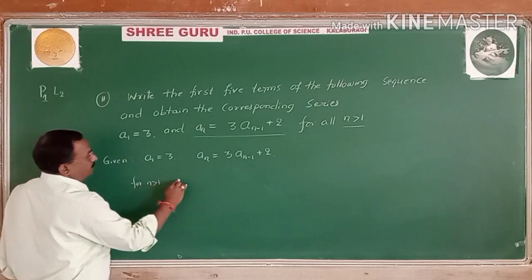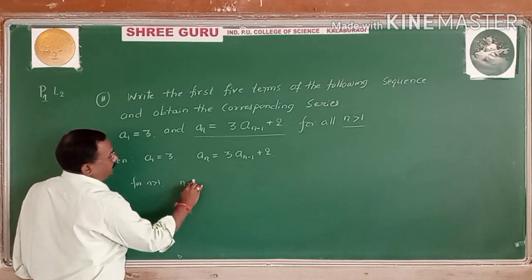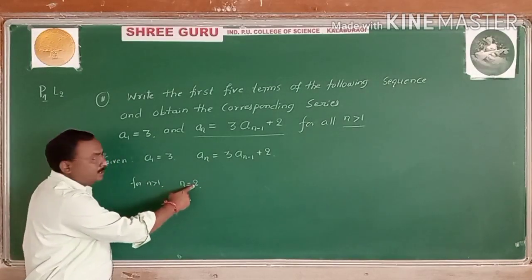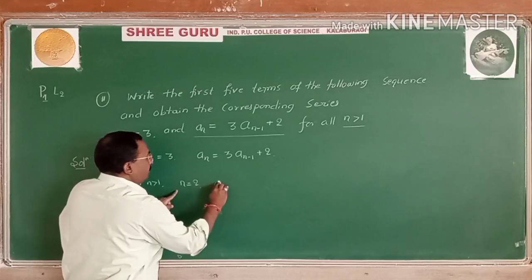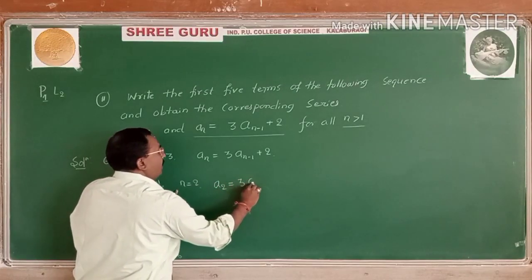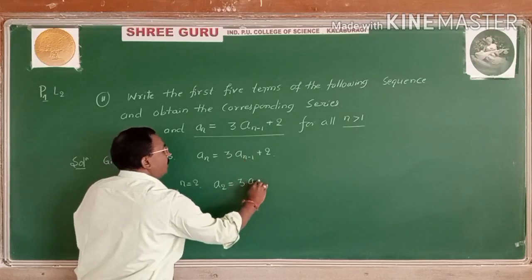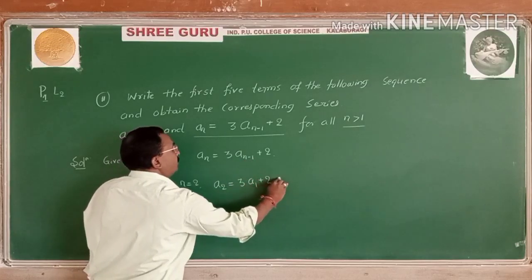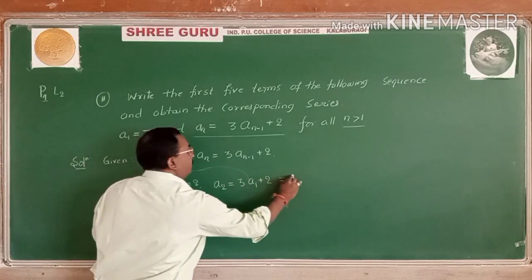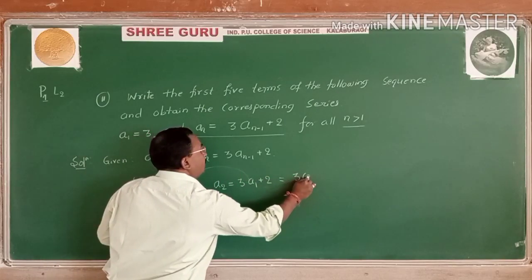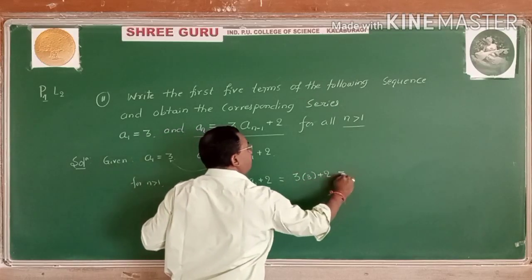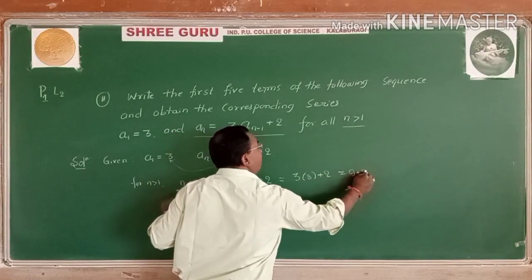The starting number is n is equal to 2. Substitute: A2 is equal to 3 times a2 minus 1 plus 2, that is 3 times a1 plus 2, and a1 is 3. 3 into 3 is 9, plus 2 is 11.